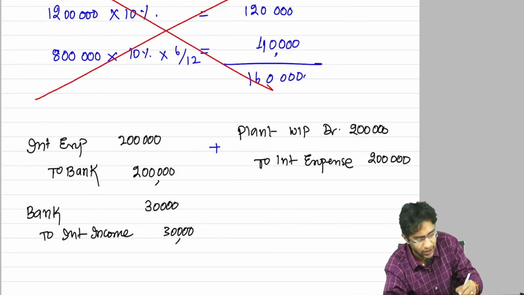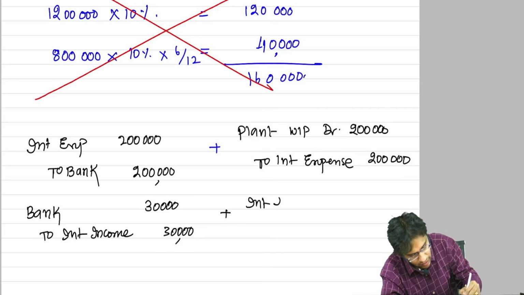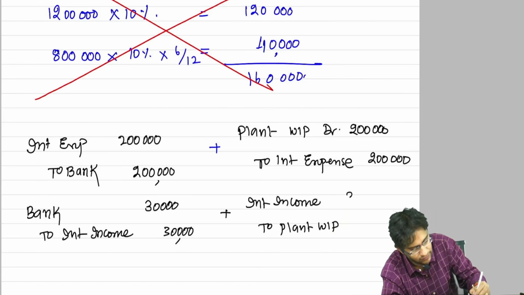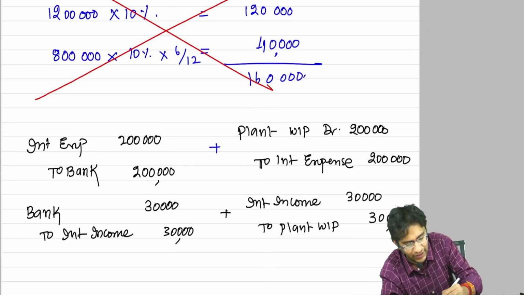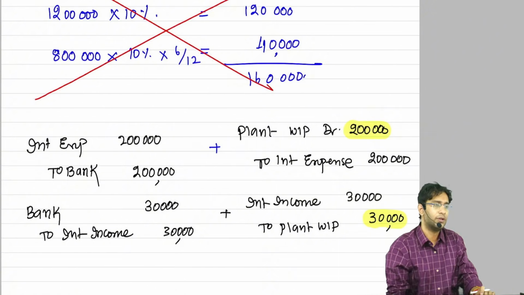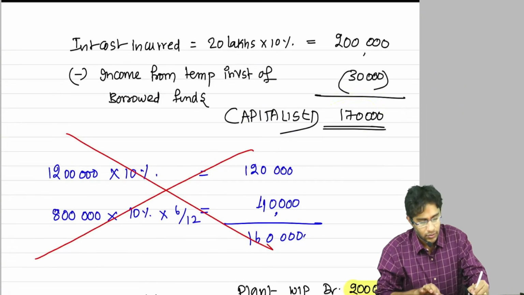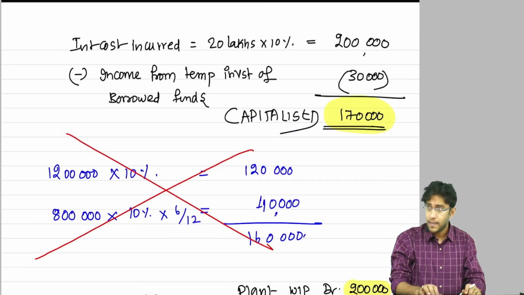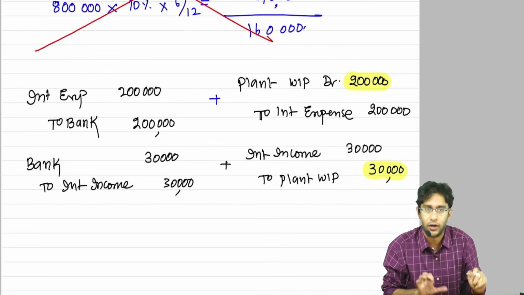Similarly, interest income is there, which ideally should be credited to P&L account. This also will be credited to the qualifying asset. Observe, your qualifying asset is now debited with 2 lakhs, credited with 30,000. Net debit is how much? 1,70,000. This is maths. This is coding the journal entry.